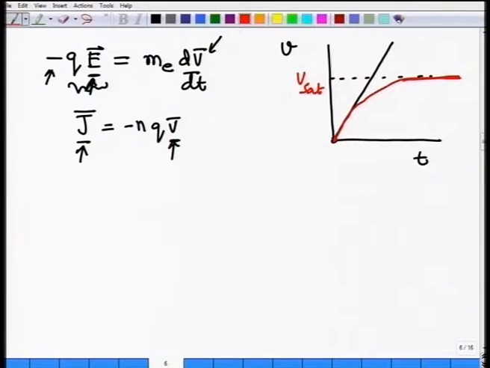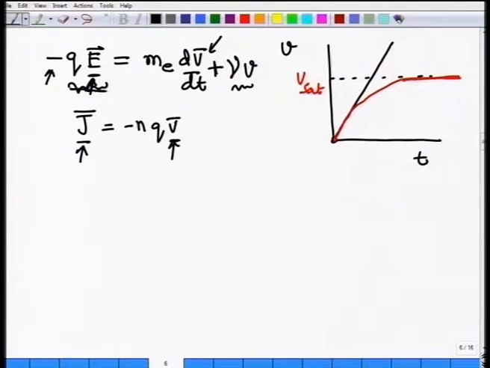Now, we can do that if we include another term, which is what I was saying, like a damping term. Let us call this damping as follows. What that means is that initially at t equal to 0, when velocity was 0, this term of course was 0, it is not contributing anything.